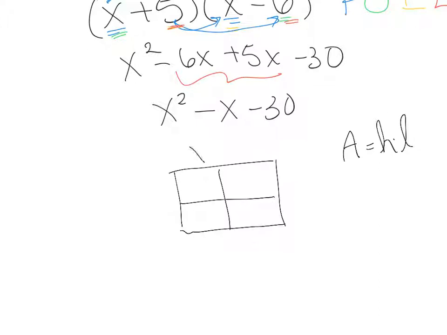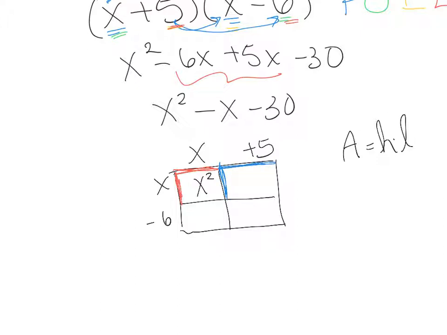I'm going to write this as x plus 5. And I'm going to write this as x and then minus 6. So this is the height. This is the length of this first rectangle. So we know it's x multiplied by x, which is x squared. We have this is my height and this is my length.